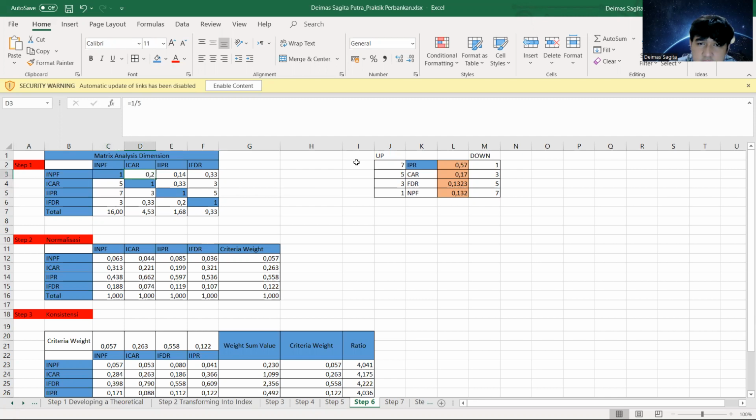You can see here, the value of INPF is 1, and the value of ICAR is 5, so it means twice.